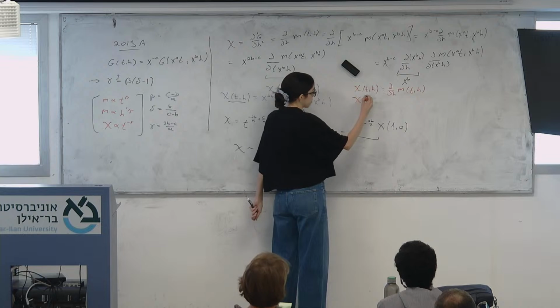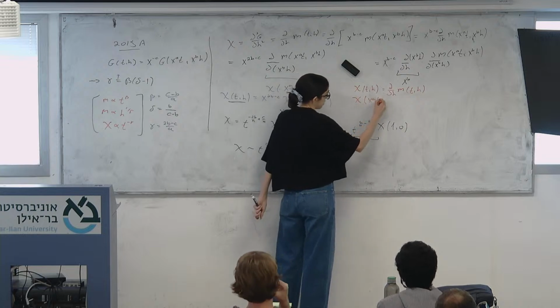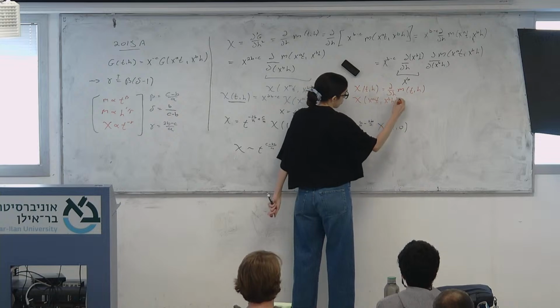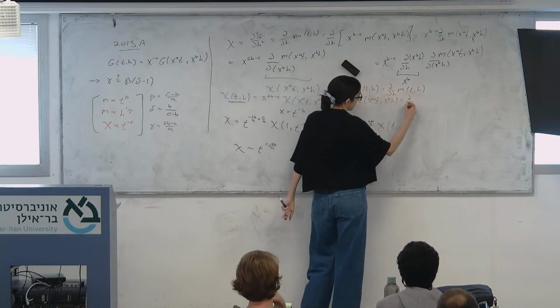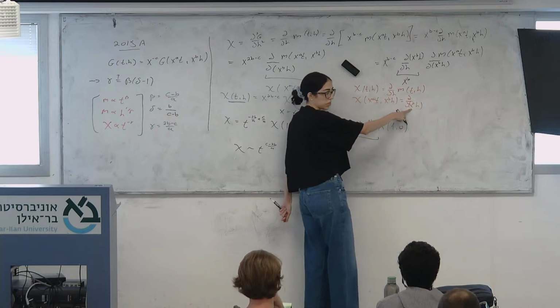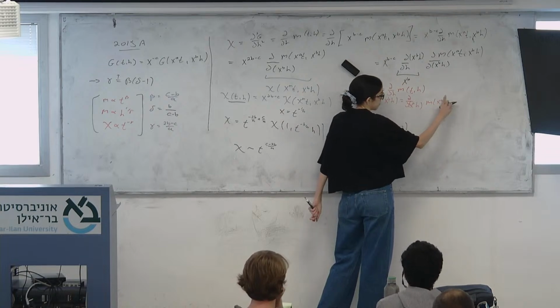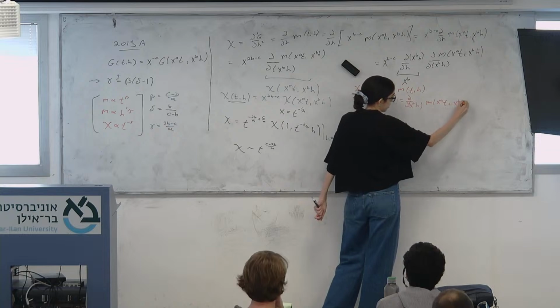So the susceptibility of x at t and x d h is equal to d d x d h, because it has to be the same variable, of m x a b t x d h.